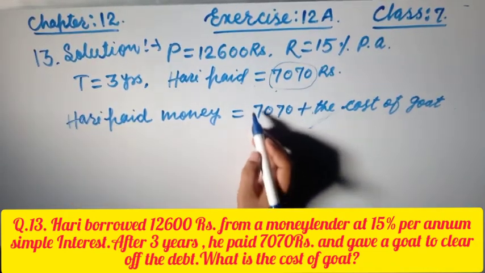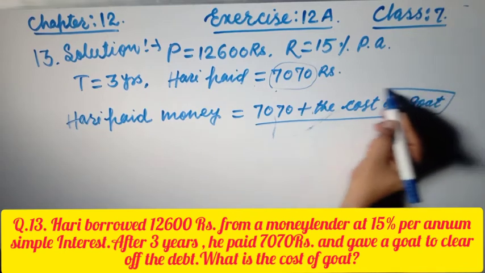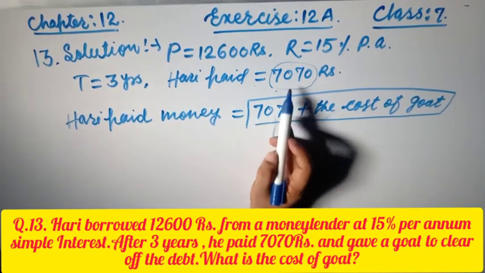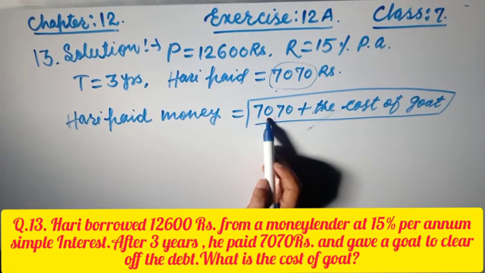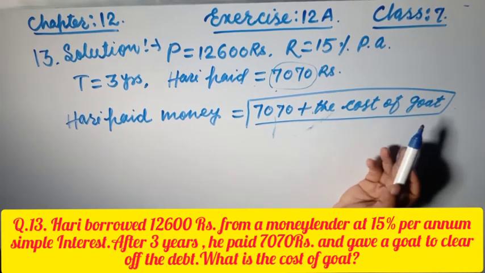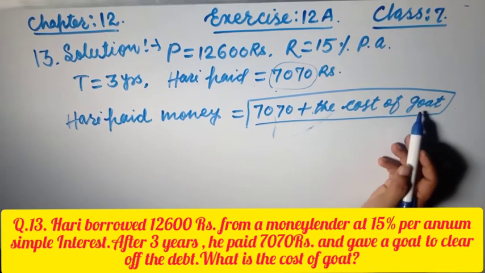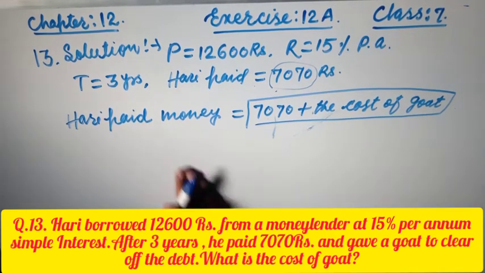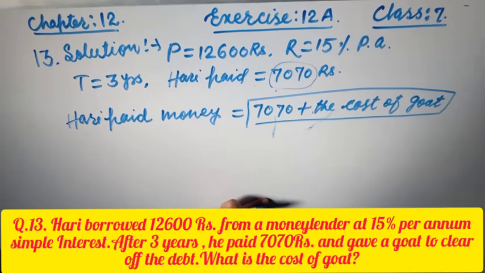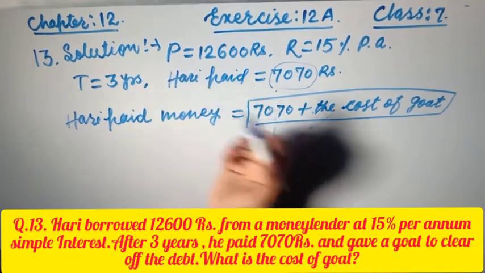So this is the required money that is paid by Hari friends, because Hari had this money. Okay, and then Hari gave the goat to the money lender. So we have to find the cost of goat. Very simple friends. Here, now see friends, from these given points we have to find the SI friends.